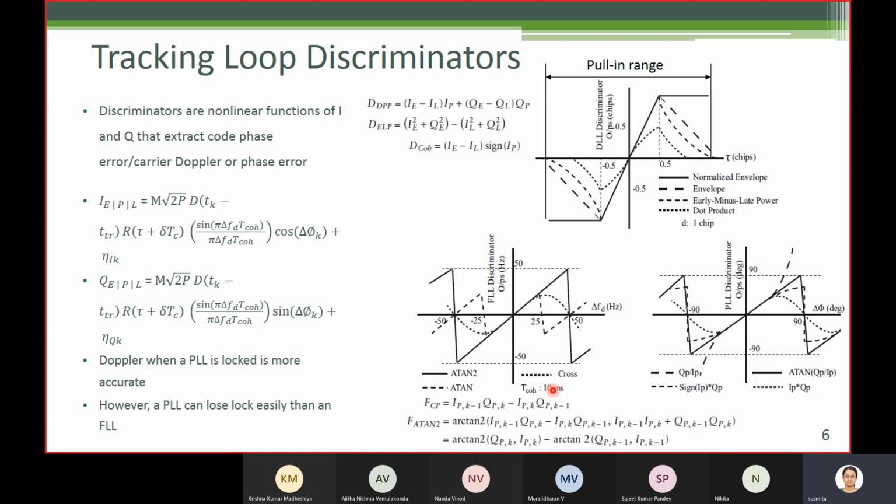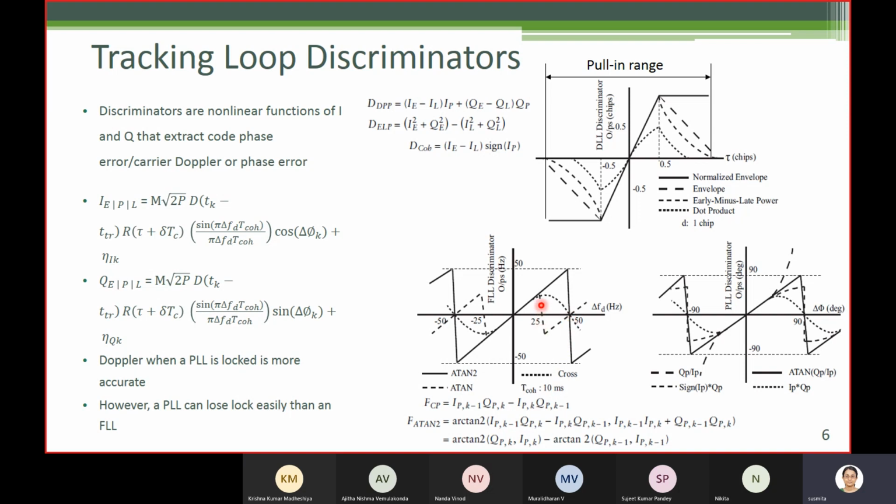So if you take T coherent as 10 millisecond, 1 by 2 T coherent will give you 50 Hz. 10 millisecond means 10 into 10 to the power minus 3, so 10 to the power 3 will come to the top. So 10 to the power 3 divided by 20 you have to do, that will give you 50 Hz.